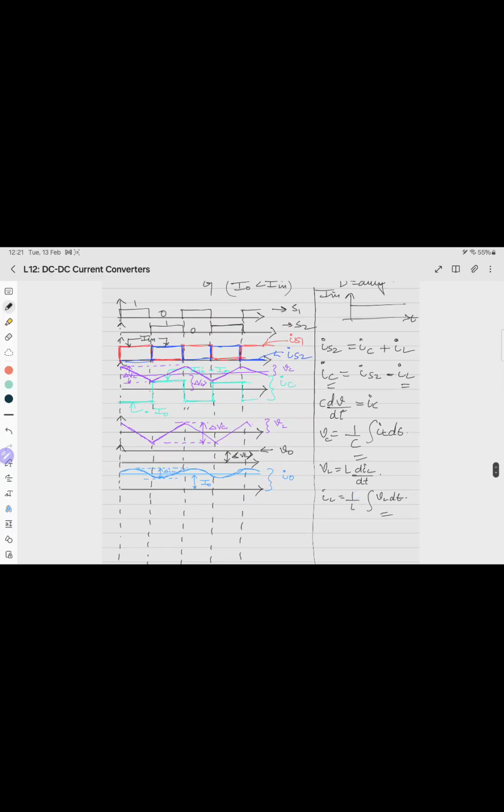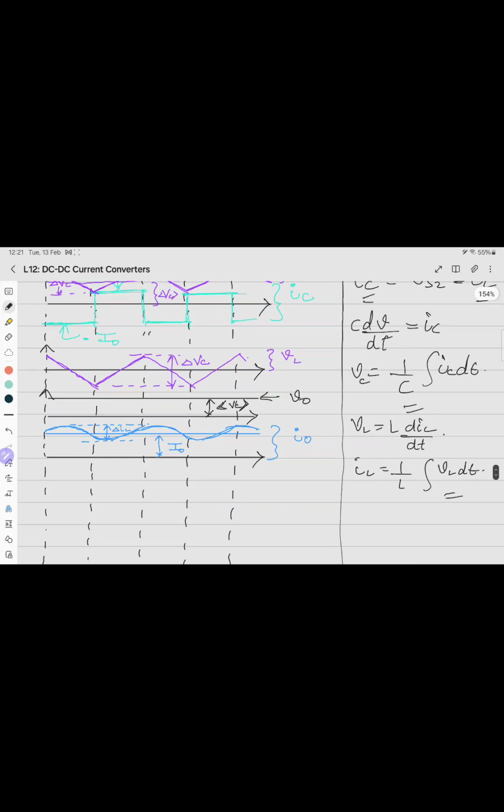Now if I do the volt second balance for the inductor, where is the inductor voltage? This is the inductor voltage. Similarly, this will be some area, say A1. This area will be A2, and this time will be T switching by 2.